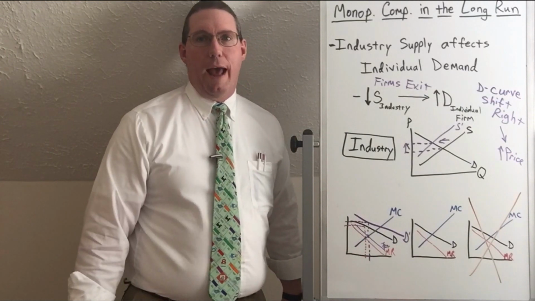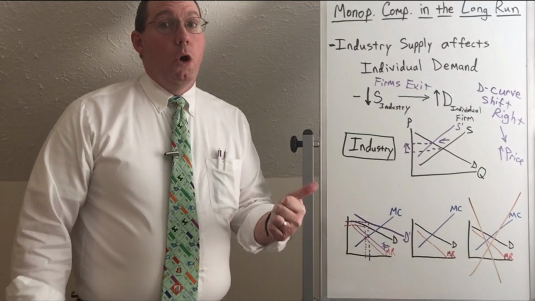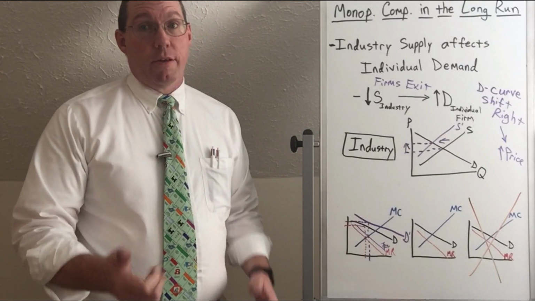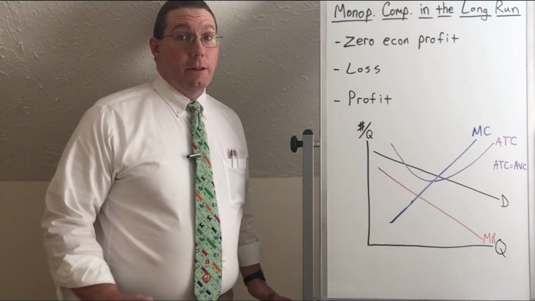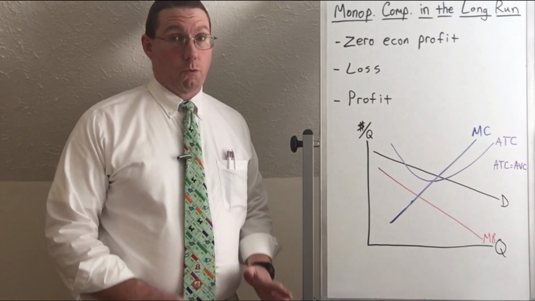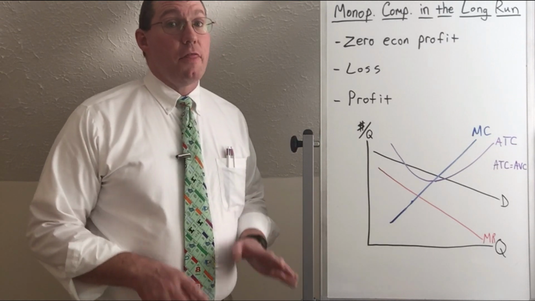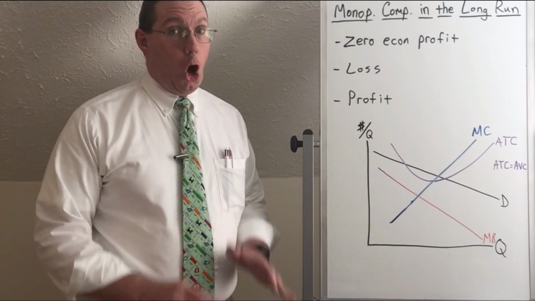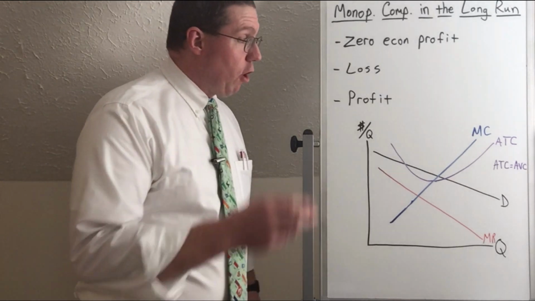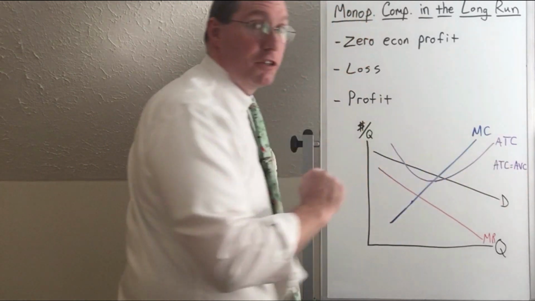So now let's look at what happens to a firm that is either profiting or operating at a loss in the long run. All right, now let's see what happens to a monopolistic competitor in the long run. Now, the first thing I want to remind you about the long run is that there are no fixed costs, and therefore average total cost is the same as average variable cost.